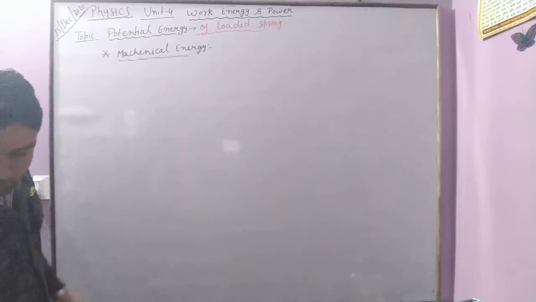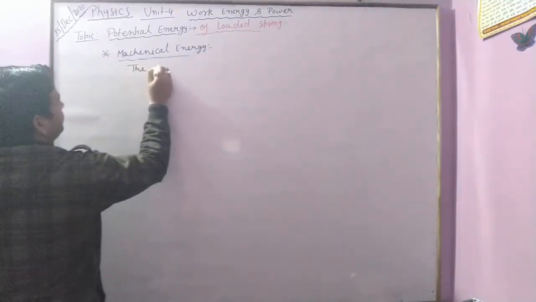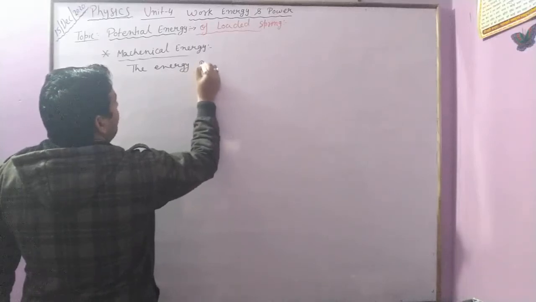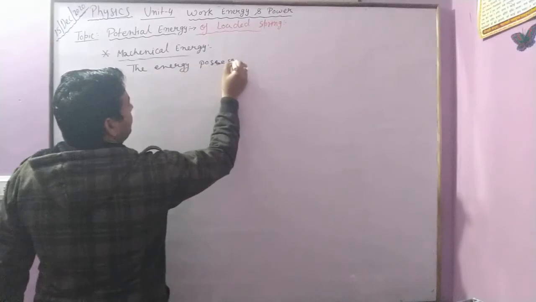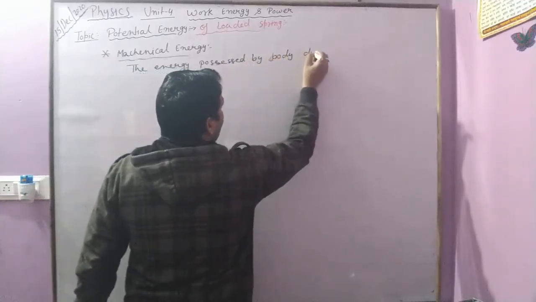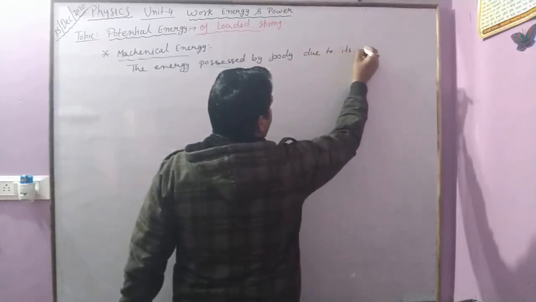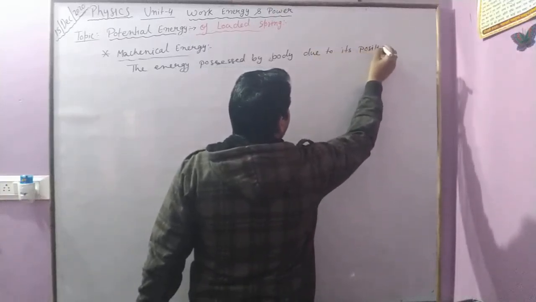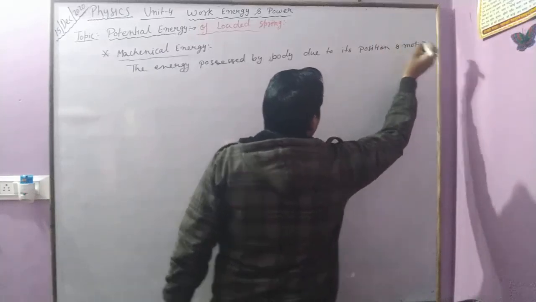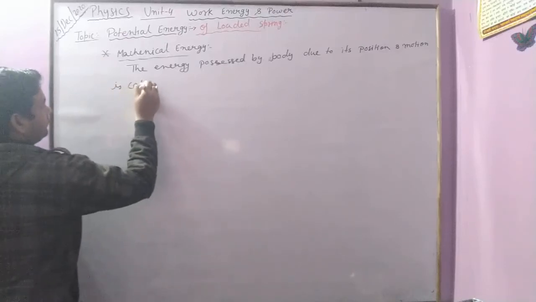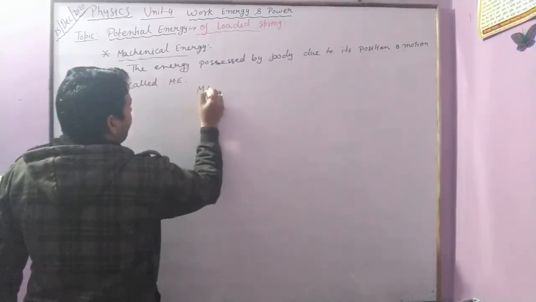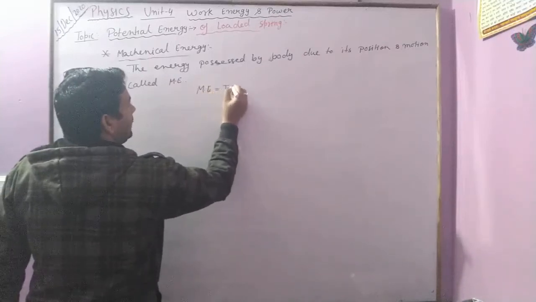The energy possessed by a body due to its position and motion is called mechanical energy, or we say total energy.